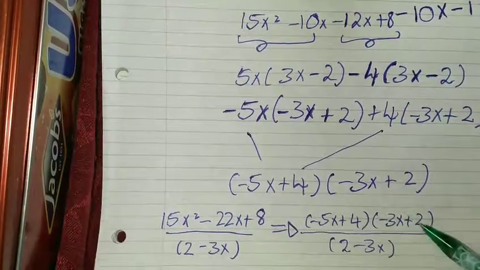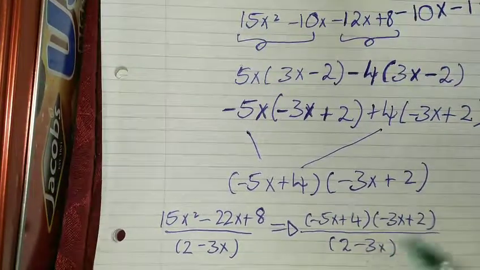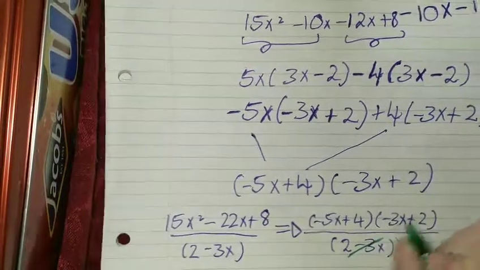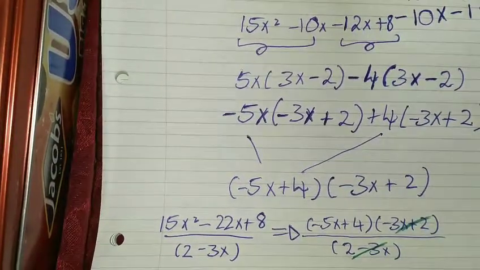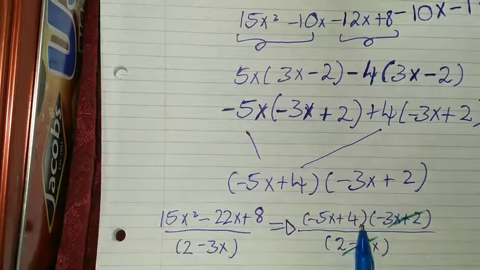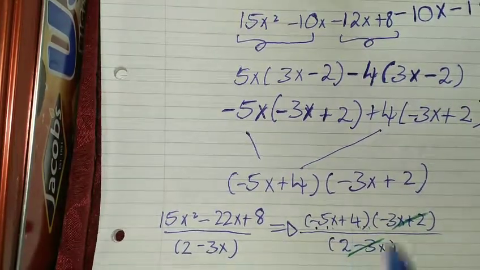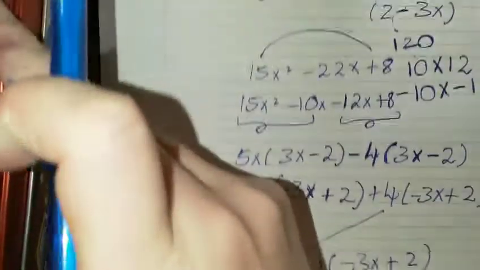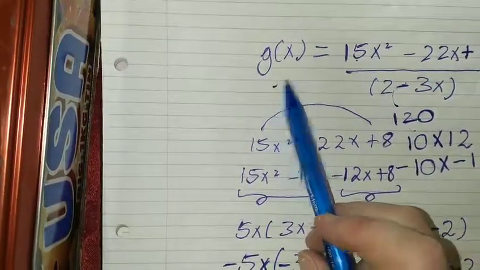So this bit here is just the same as 2 minus 3x, I just have them in different orders. So these will cancel because it's the exact same thing on the top and on the bottom. And then I'm just left with minus 5x plus 4. And that was what g of x was equal to.